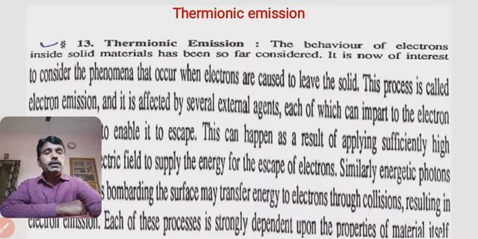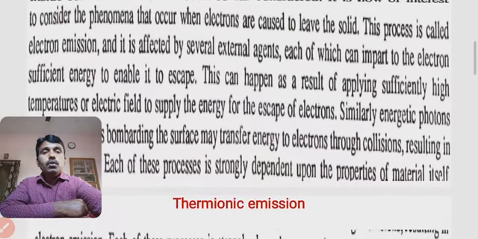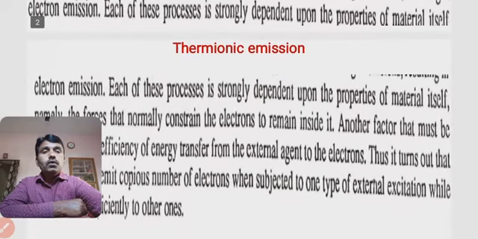In getting this external energy, another important factor is the bombarding efficiency, the transfer of energy to the electron from the external field. In addition, the properties of the material itself play a very important role in the emission of the electron from the metal.